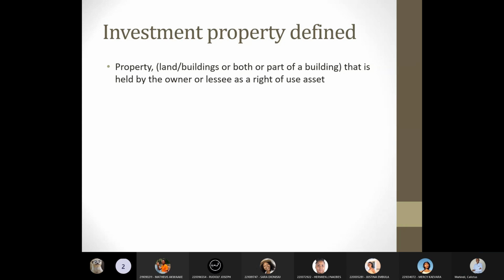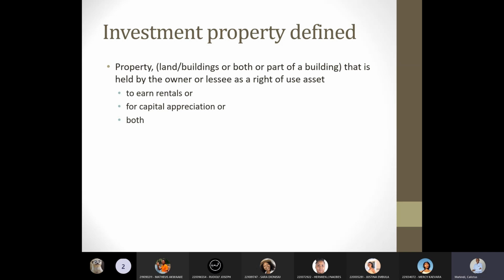So it is held by the owner, who owns it, or it can be held by a lessee. Someone has leased it out to you, you are the lessee and you have the right to use that asset.